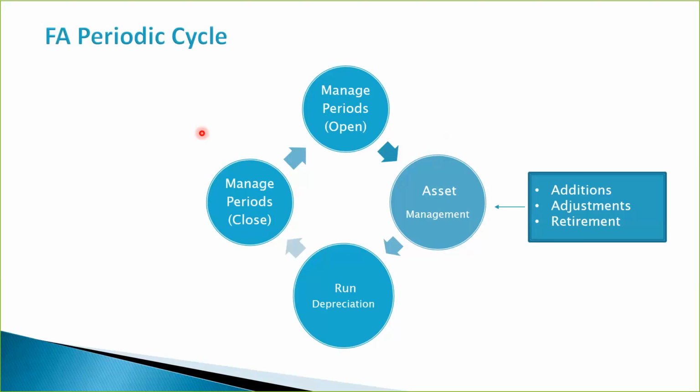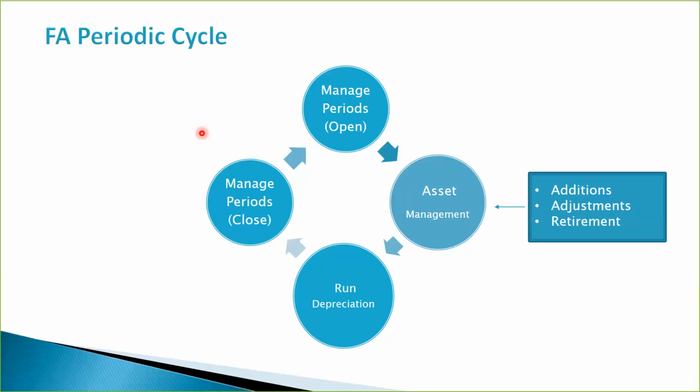These are not mandatory. If you do not have any assets to add, then there's nothing you can do about that. You can't carry out additions. If there are no adjustments to be made, then you won't carry out adjustments. If there are no assets to be retired, then you can't retire anything. So we can say these ones are done when they need to be done.